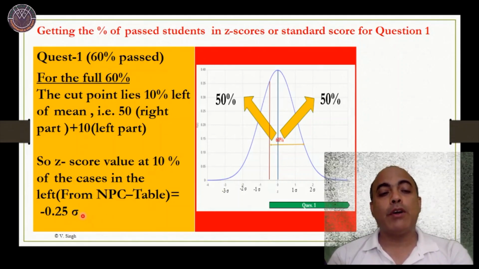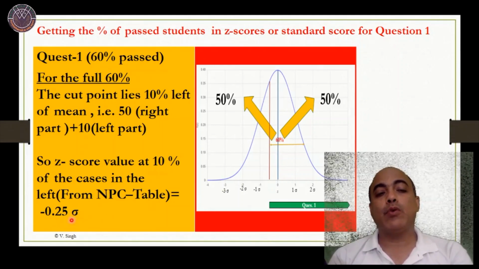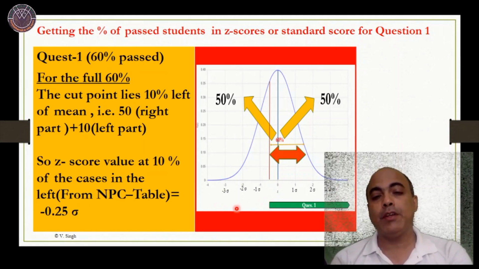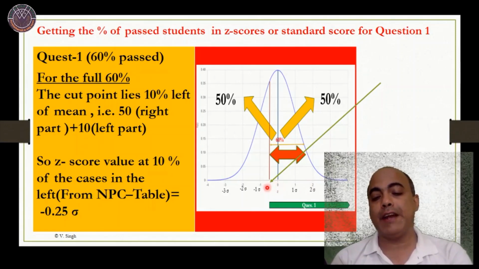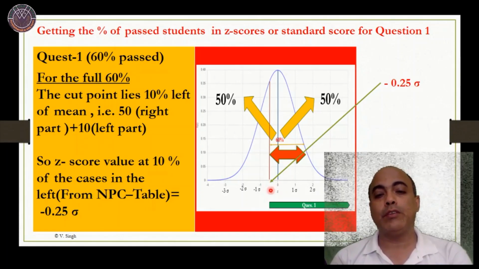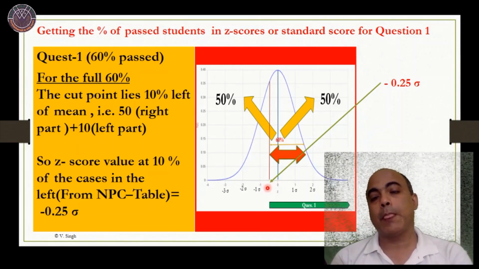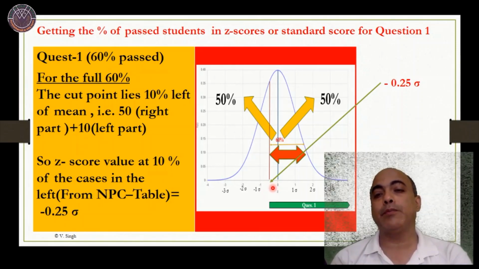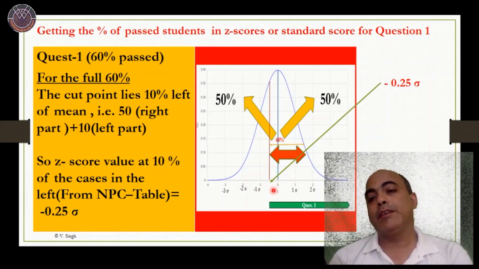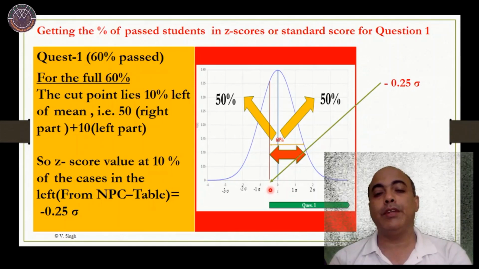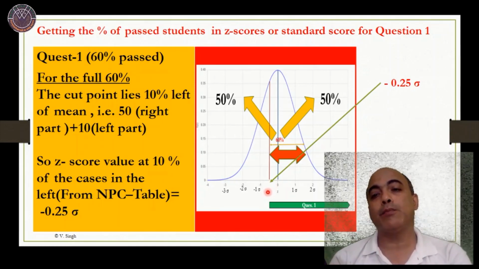So we have got the Z score or standard score value as minus 0.25. Why is minus 0.25 coming? Because it is lying here in this area, on the left hand side from the mean. This particular point represents minus 0.25 sigma. So we got the corresponding sigma value for the first question, that is minus 0.25.